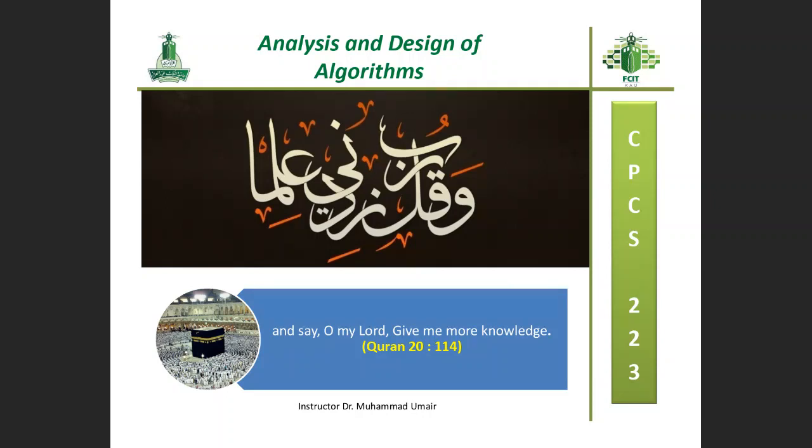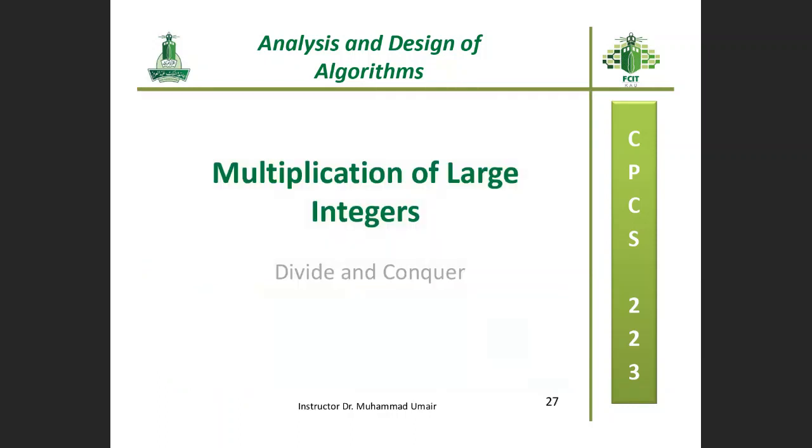Okay. Last time we started the discussion about the divide and conquer approach, and we quickly discussed some algorithms which we have already studied in 204. Now we are moving to another example of divide and conquer, which is called multiplication of large integers. The examples under this topic are not very significant.